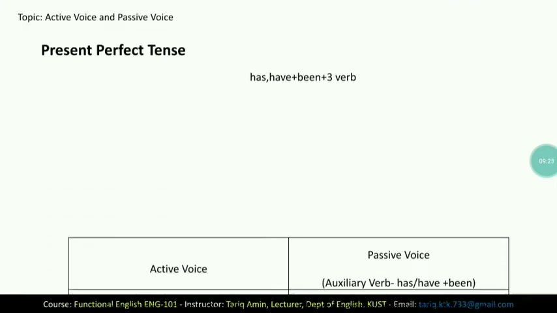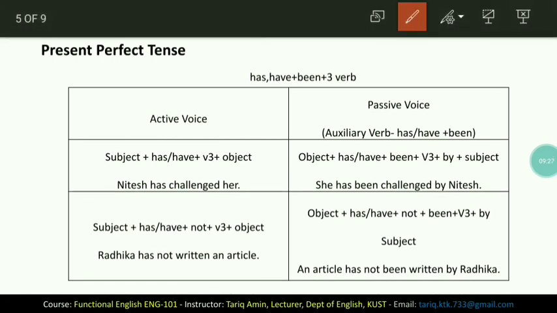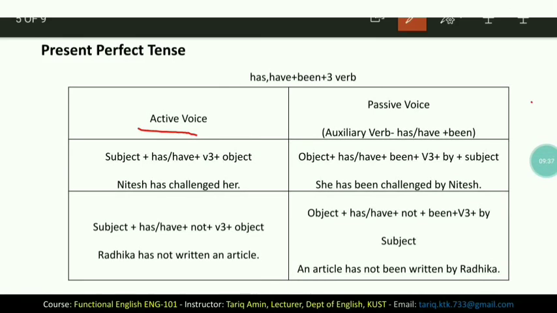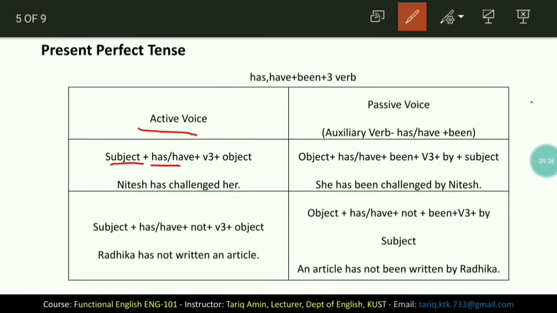Present perfect tense, active voice. The structure of present perfect tense is, first of all, we have the subject. After that we put has or have plus the third form of the verb plus the object.